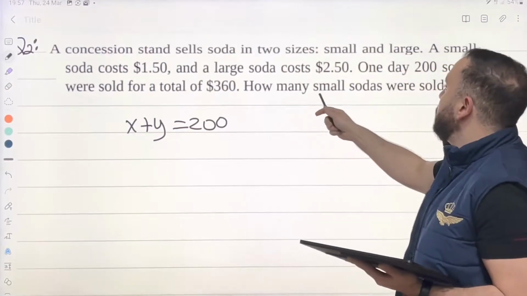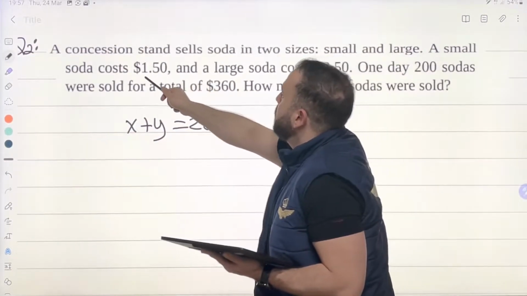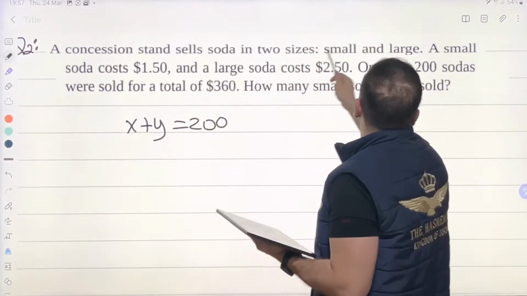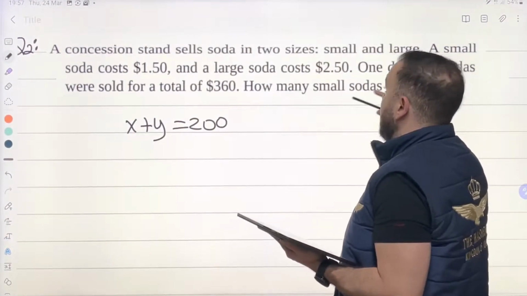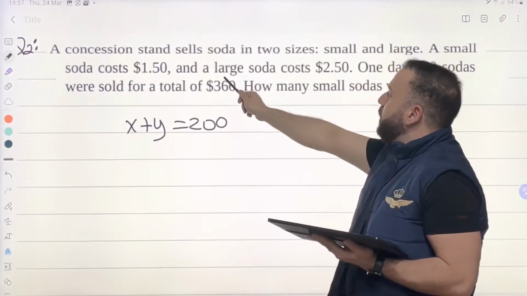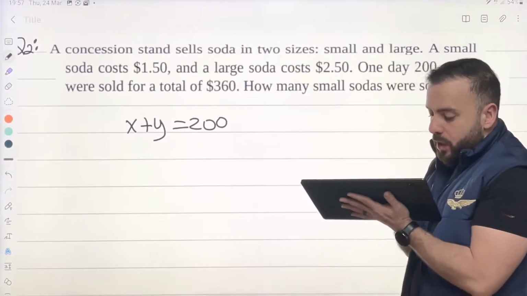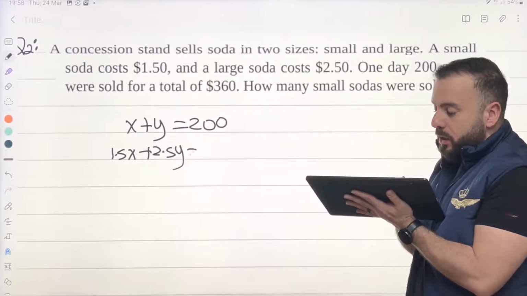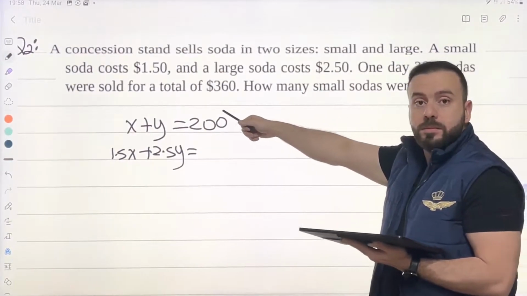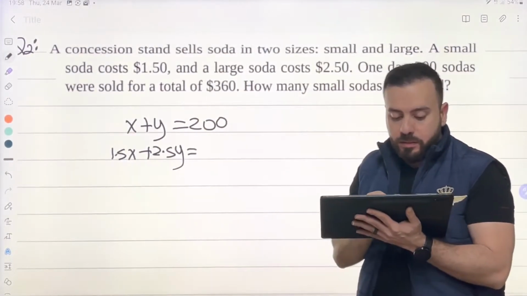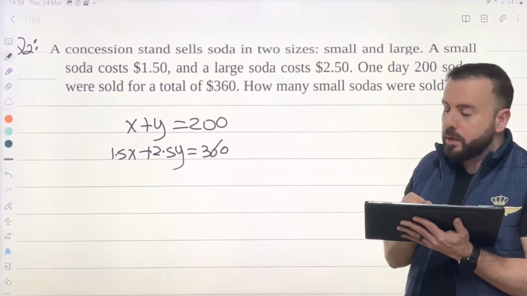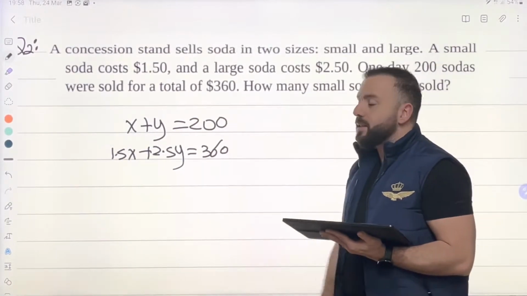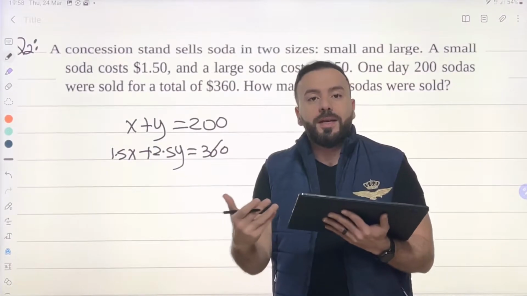That's going to be $1.5 for a small soda and $2.5 for the large soda. So I can say that 1.5x plus 2.5y is equal to 360, right? So in this case, I have two simultaneous equations which I can solve.